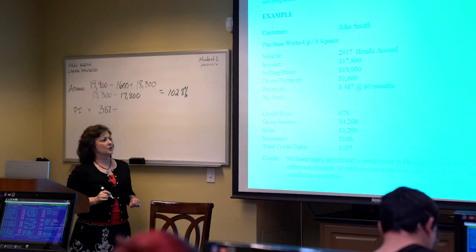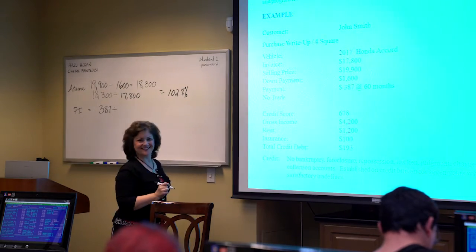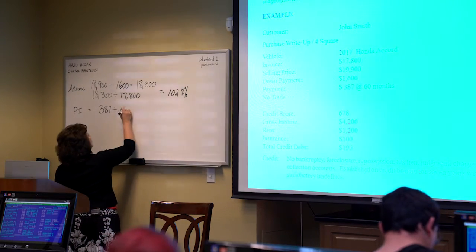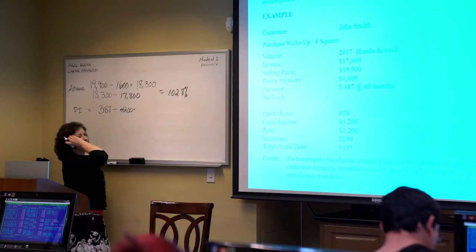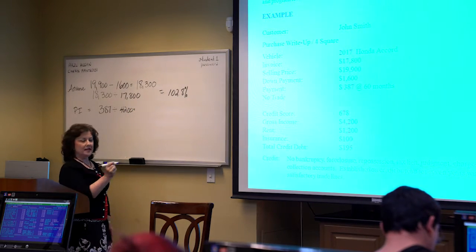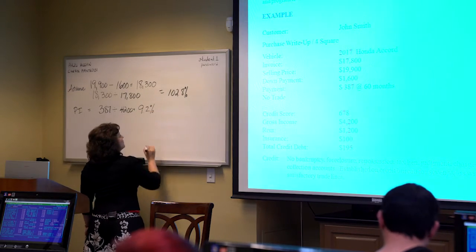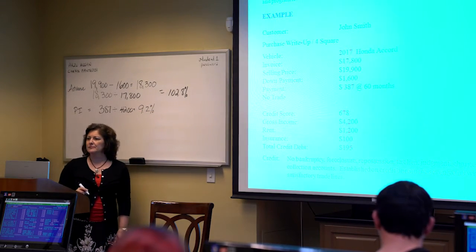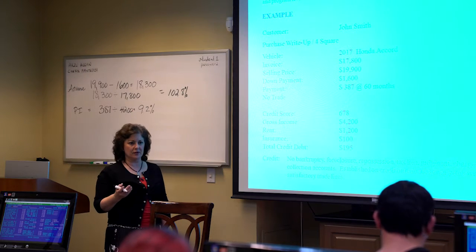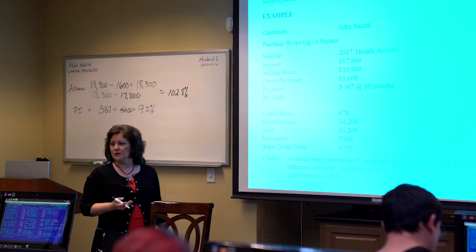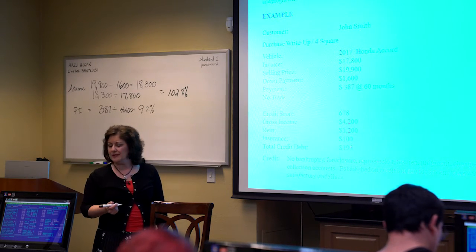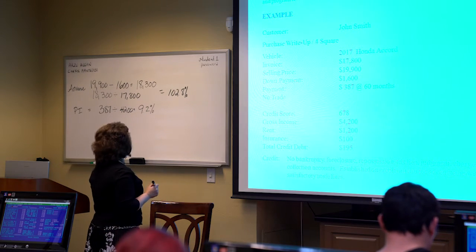Divided by, what's his gross monthly income? $4,200. And what do I get? 0.092, so 9.2%. Typically, your lenders want you to be less than 20. If that's the case, I would be okay with this one. So the car payment is definitely less than 20% of his gross monthly income.